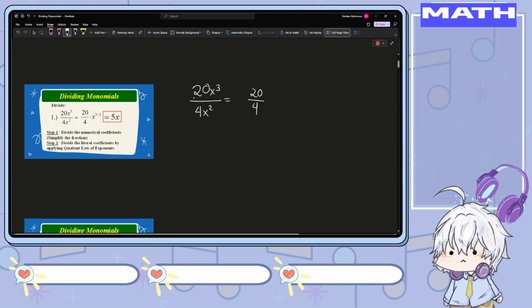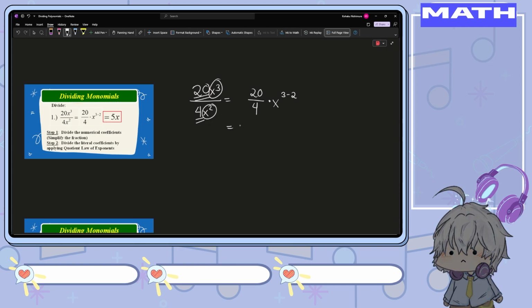Let's divide their numerical coefficients. The next step is we use the quotient law, which is to rewrite the same base x, then subtract their exponents, 3 minus 2. In this case, 20 divided by 4 is 5, and x raised to 3 minus 2 is equal to 1. But in this case, I don't need to write the exponent 1. Thus, the final answer is 5x.